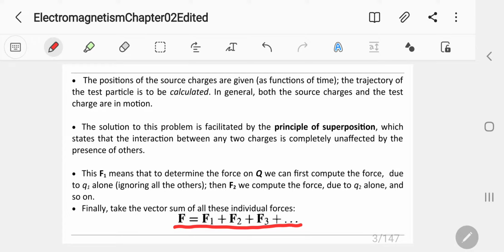So when you have like 8 source charges, then you have 8 forces to add.